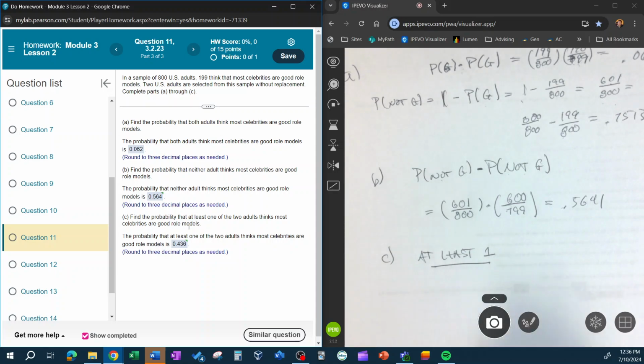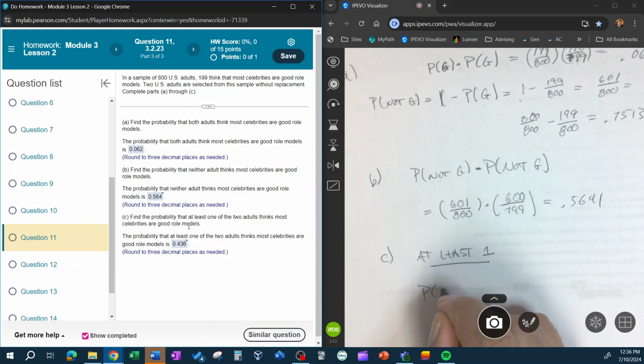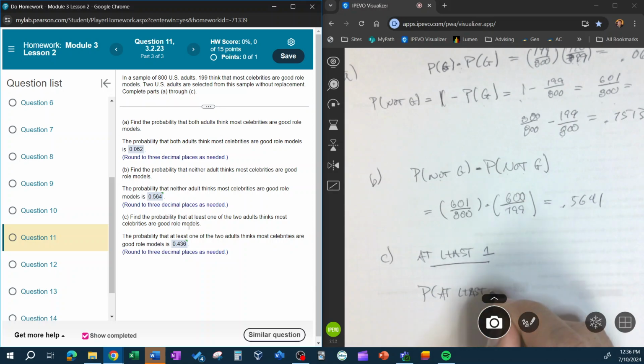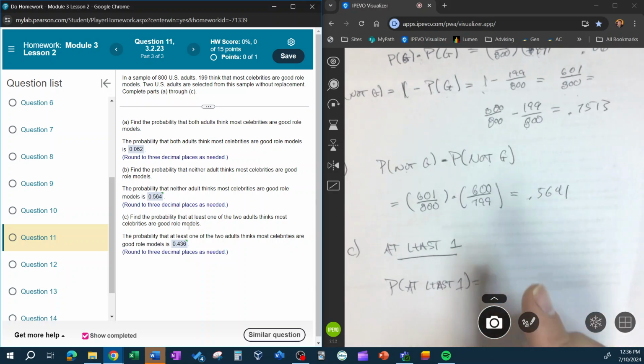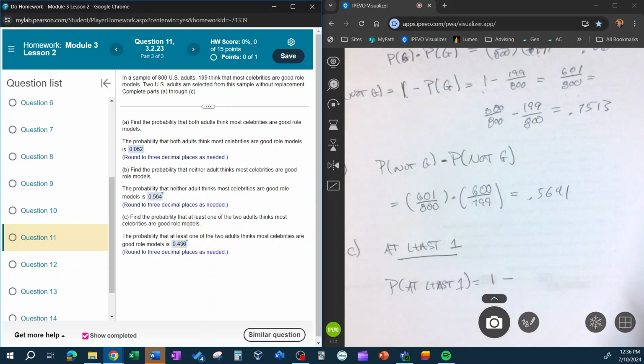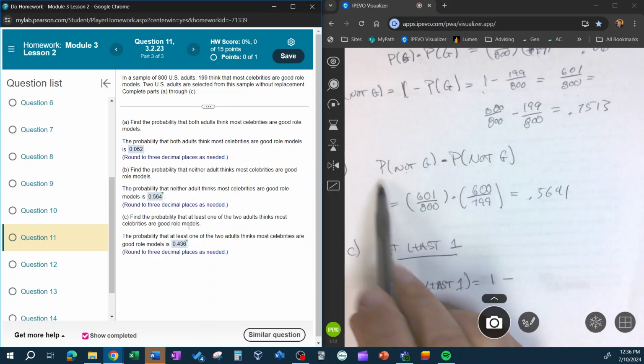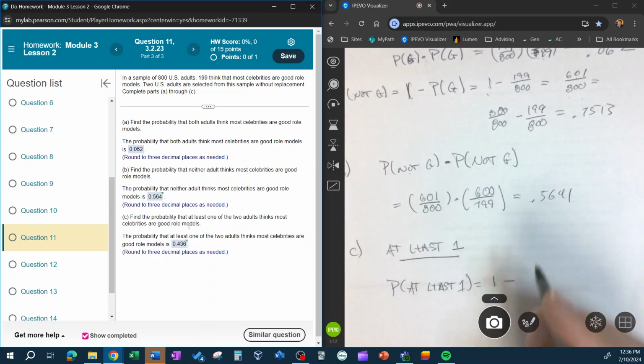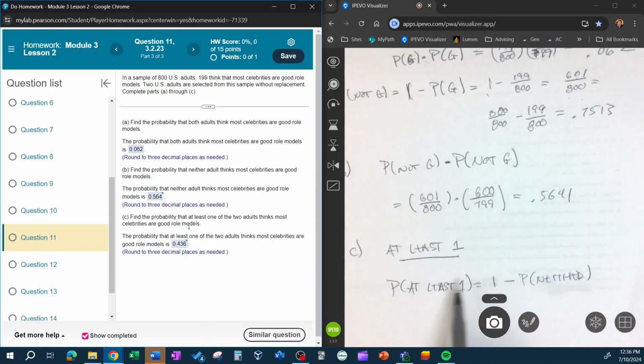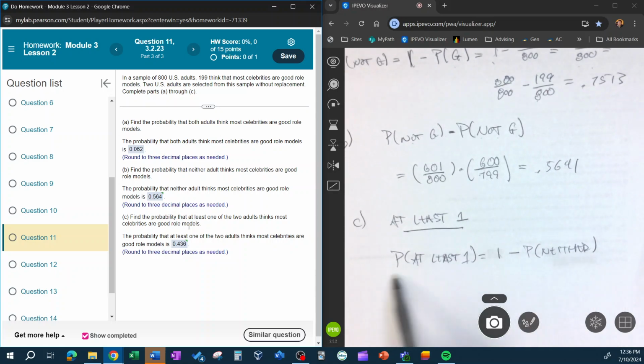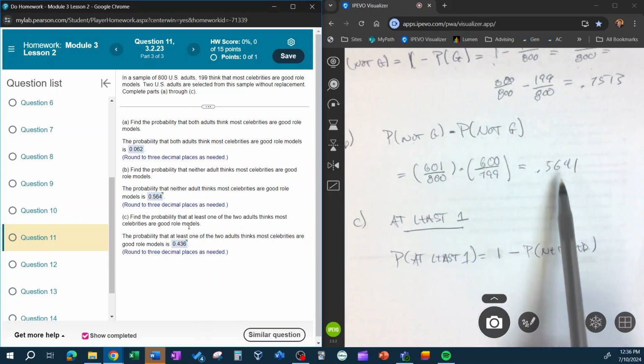And the formula for the probability of at least 1 is equal to 1 minus this one, the one in part B, the probability of neither. All right, because at least one of these happens.